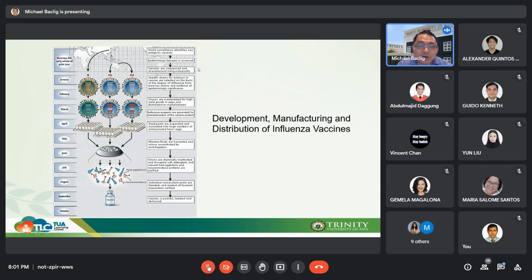Later on, they will start to inject this into the eggs and come up with the vaccine. So more or less, this will be the flow of how we develop vaccines, in particular influenza vaccines.